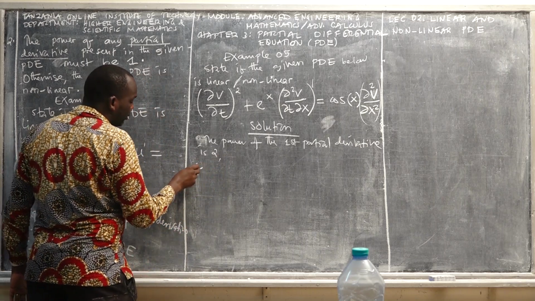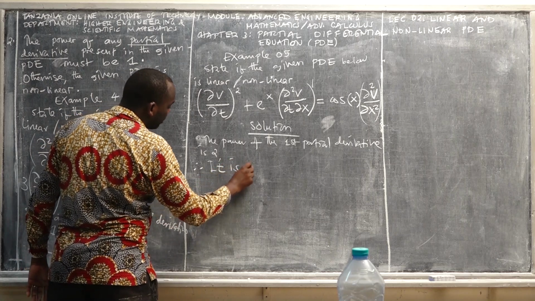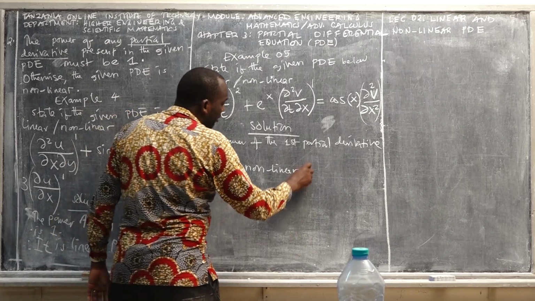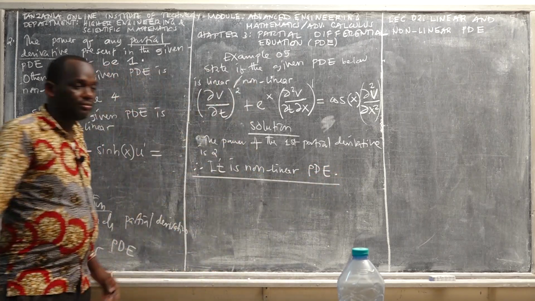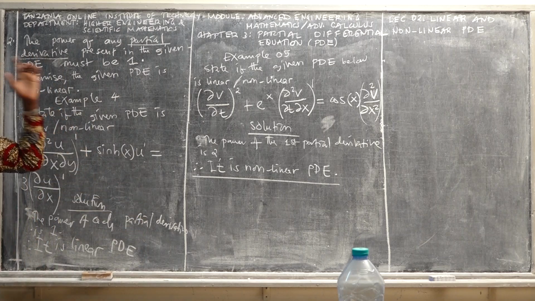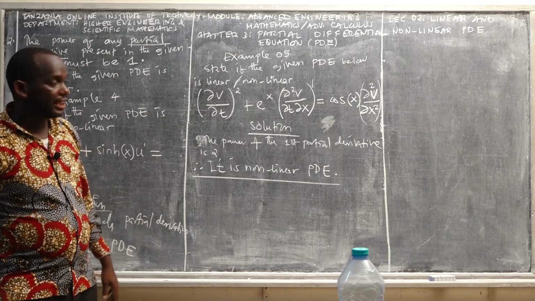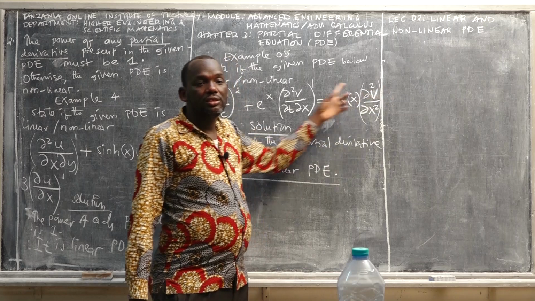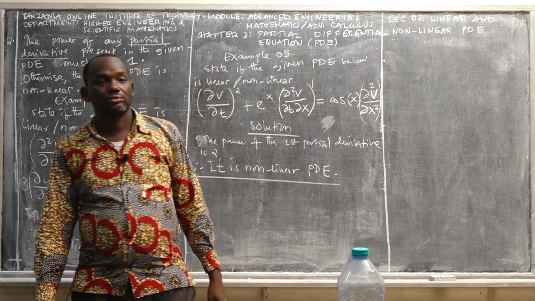Then, or therefore, the given partial differential equation, it is non-linear partial differential equation. Why? Because the power of this partial derivative is 2. Regardless that the power of this one is 1 and the power of this one is 1. 1 times of 1 partial derivative's power is equal to 2. That's all.